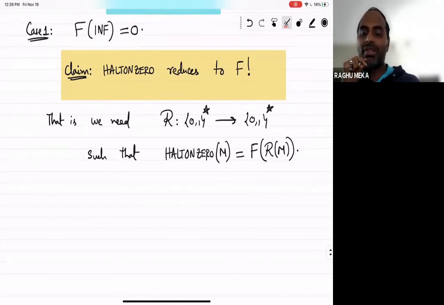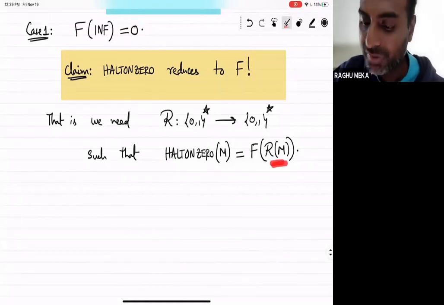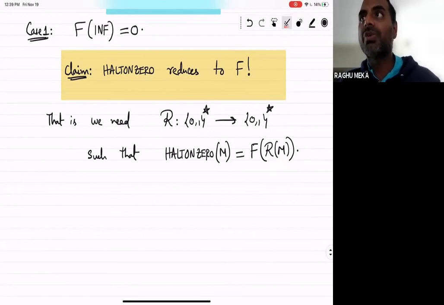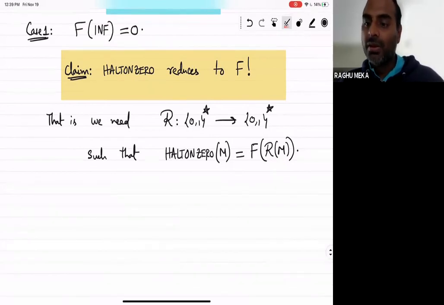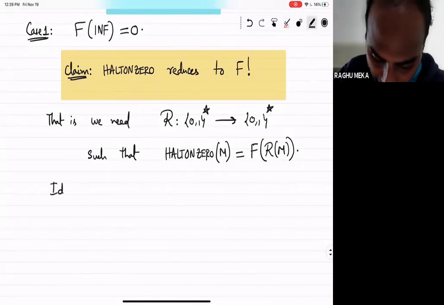How can I come up with this reduction? We need to come up with some R of M such that this equality holds for all machines. One suggestion, let me give a hint, is ideal.